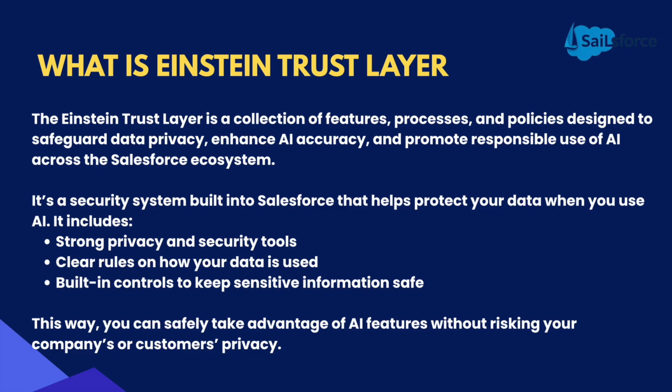So instead of worrying about data leaks or misuse, you can confidently take advantage of AI powered features while protecting both your company's privacy and your customers' trust. So that's the true power of Einstein Trust Layer: AI innovation with security at its core.